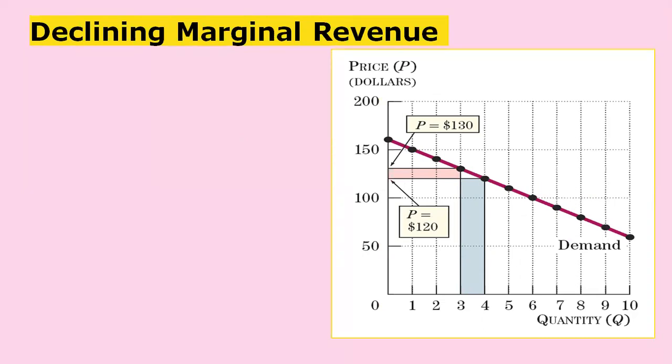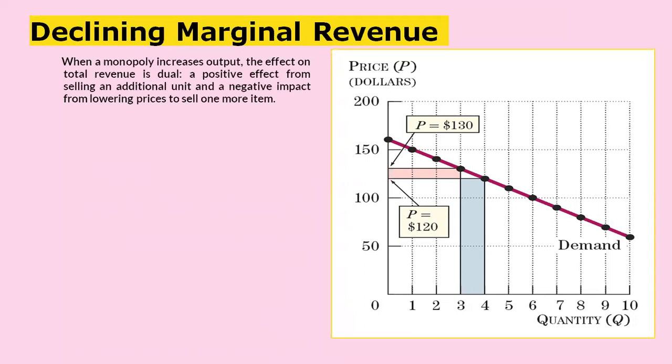Declining marginal revenue. When a monopoly increases output, the effect on total revenue is dual: a positive effect from selling an additional unit and a negative impact from lowering prices to sell one more item.